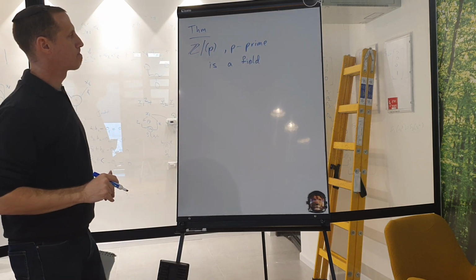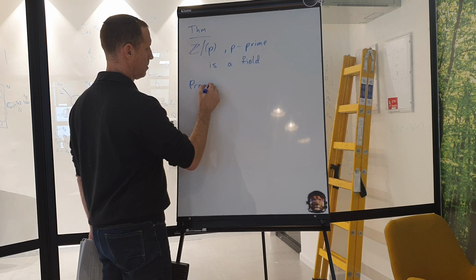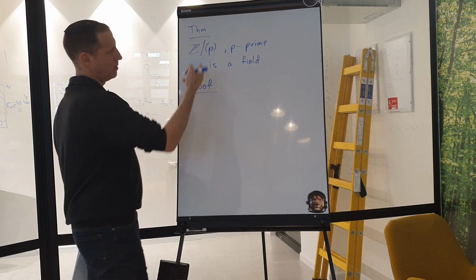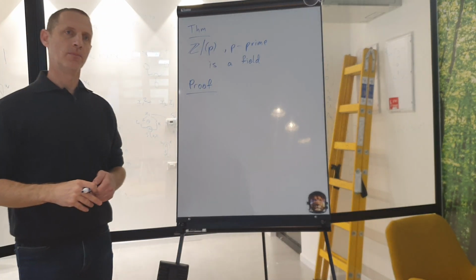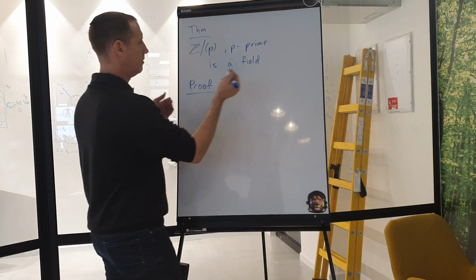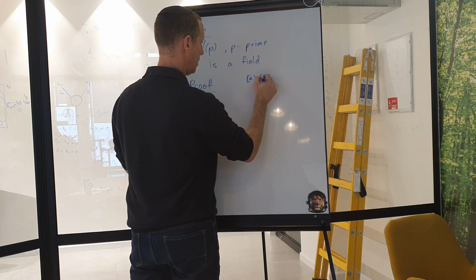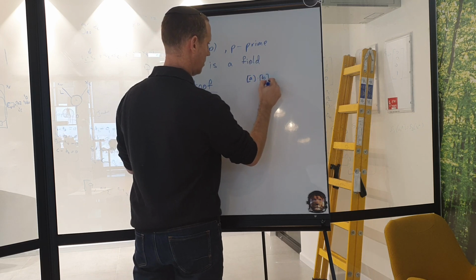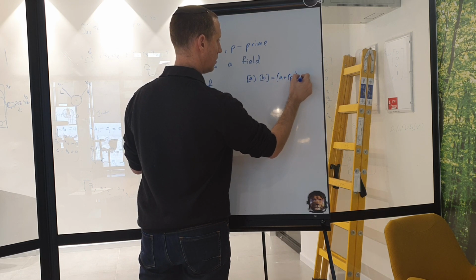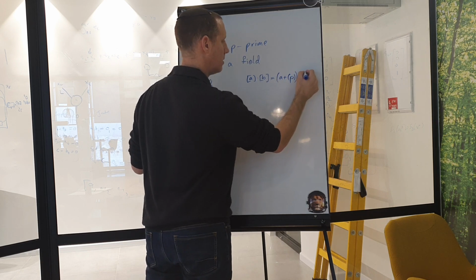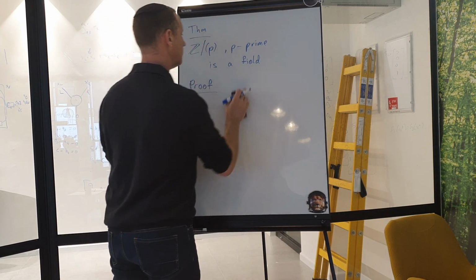With which multiplication? The one we defined before: A times B, which is equal to A plus P times this is the multiplication.